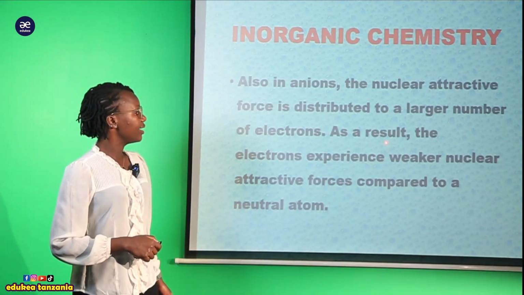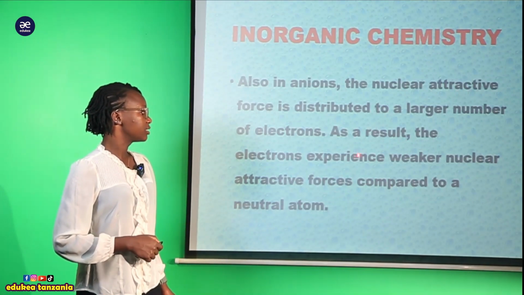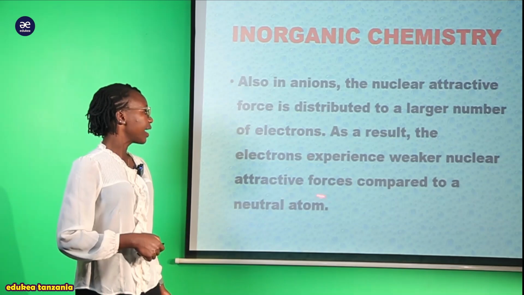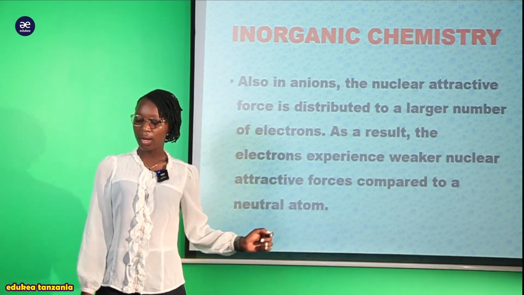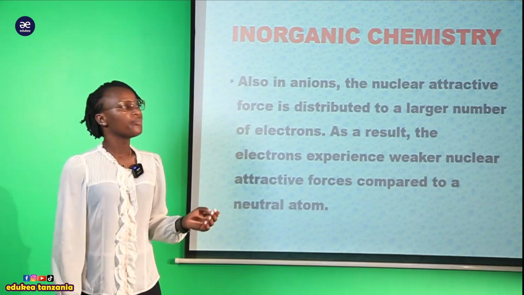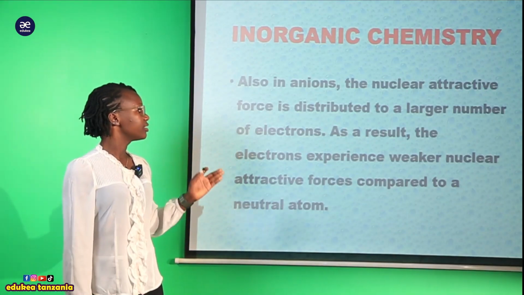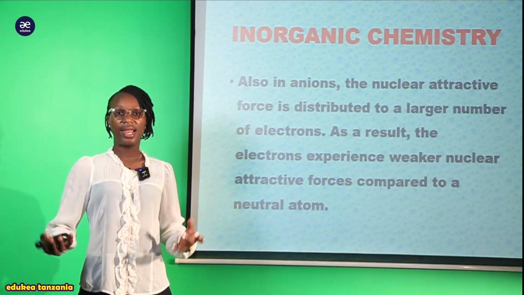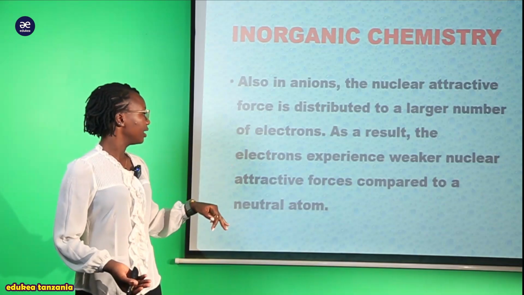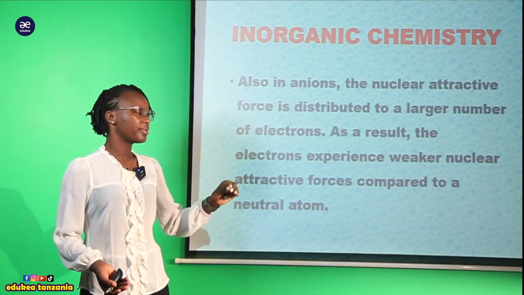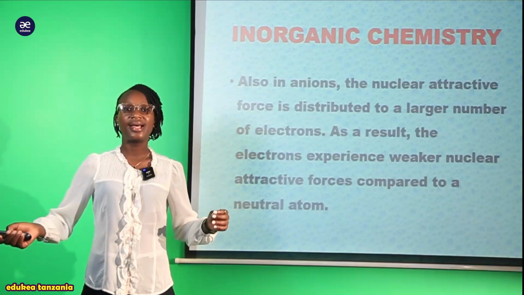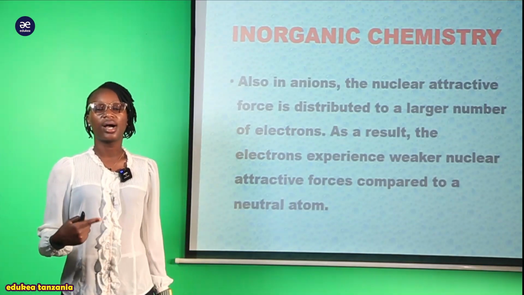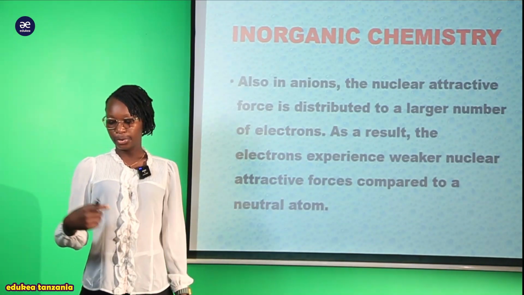So as a result, the electrons experience weaker nuclear attractive force compared to the neutral atom. Sasa kama unaona kwamba kwenye ions hii nuclear attractive force inakuwa distributed kwenye large number of electrons, therefore itapelekea nini? Itapelekea electron to experience the weaker nuclear attractive force ukicompare na zile ambazo ni kwenye neutral atoms.